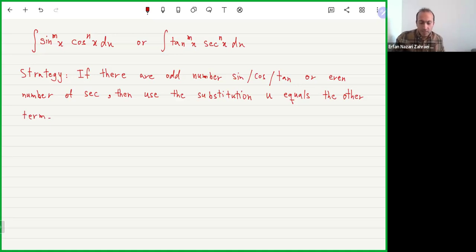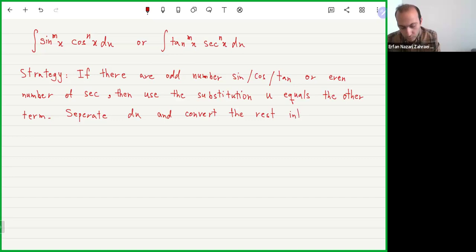How do you do this substitution? By separating du and converting everything else, the rest, into u. How do you do this conversion?